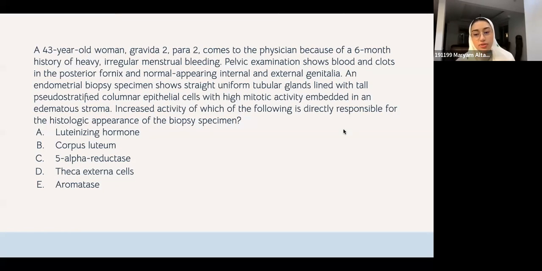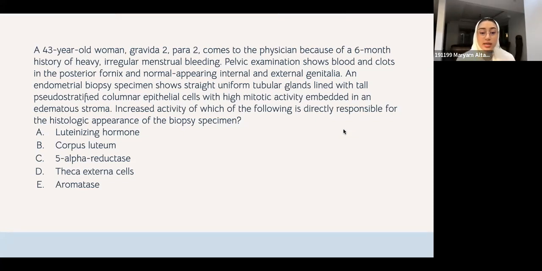Increase of which of the following is directly responsible for the histologic appearance of the biopsy specimen? Okay. A, luteinizing hormone, B, corpus luteum, C, 5-alpha reductase, D, theca externa cells, or E, aromatase.